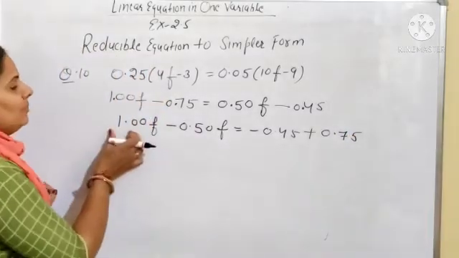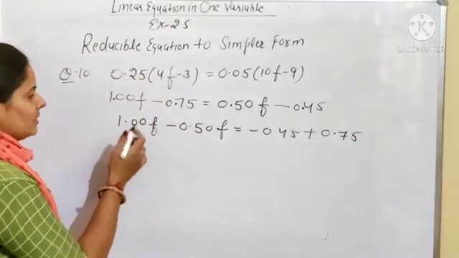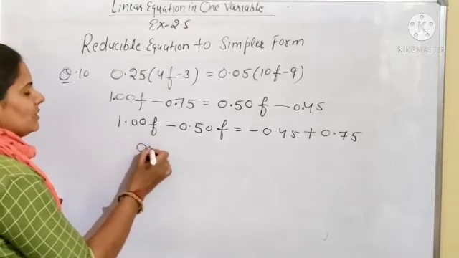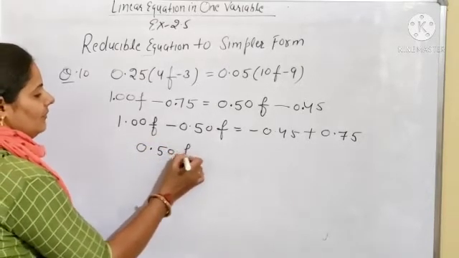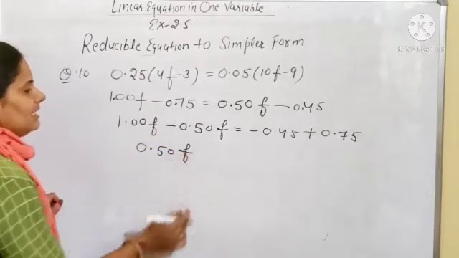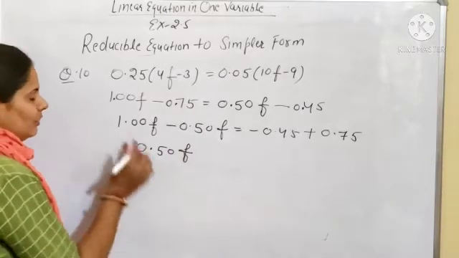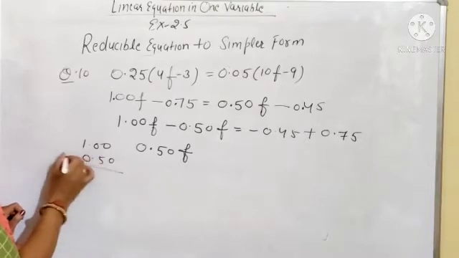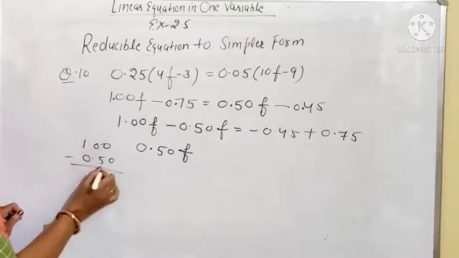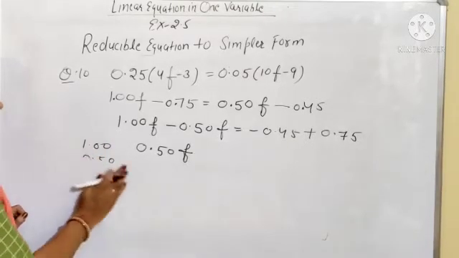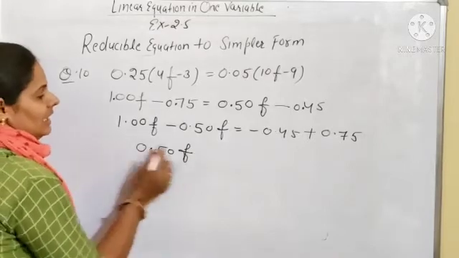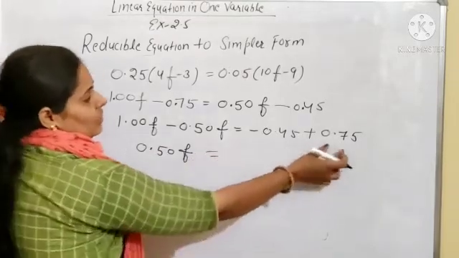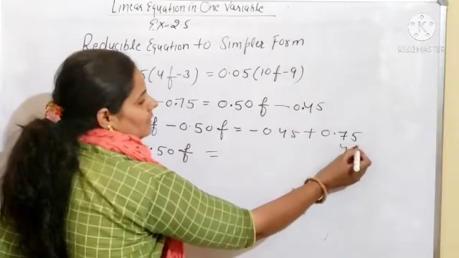Now 1.00 minus 0.50 you will subtract, so it will be 0.50 f, because 10 minus 5 is 5. Now is equal to 0.75 minus 0.45.